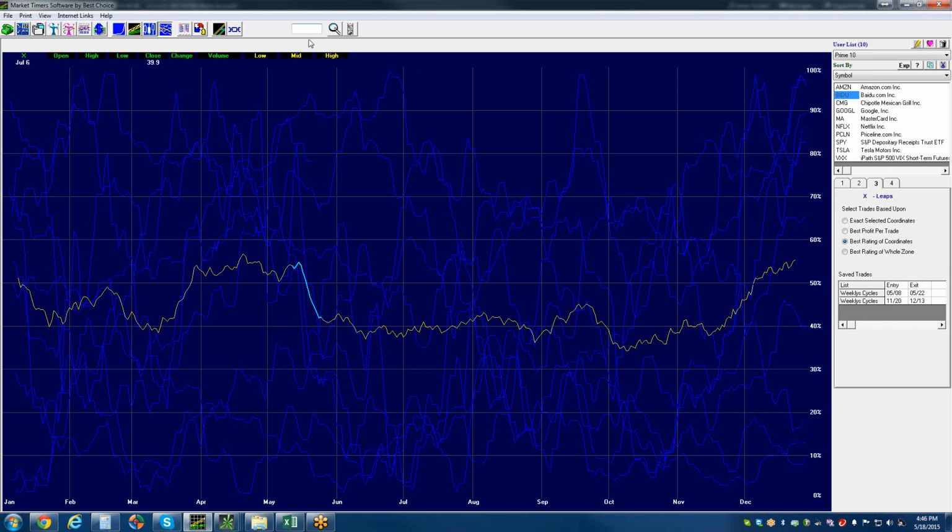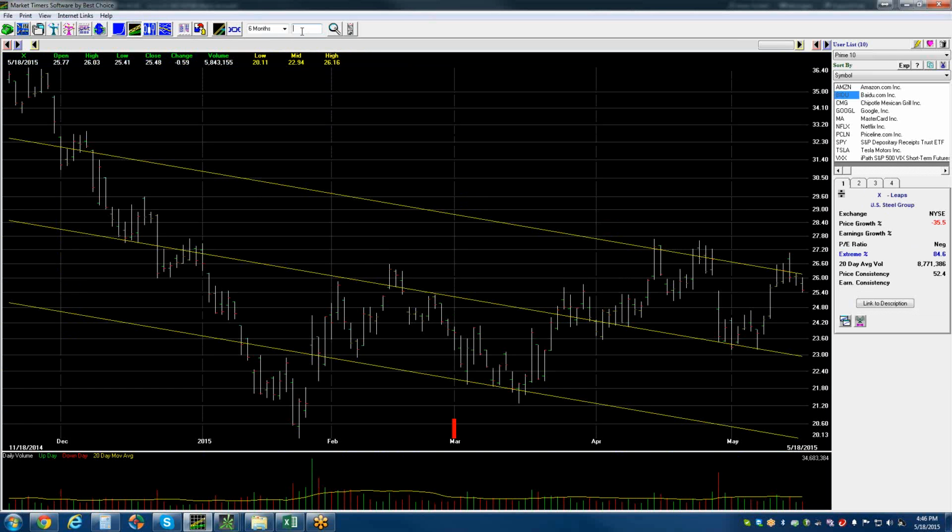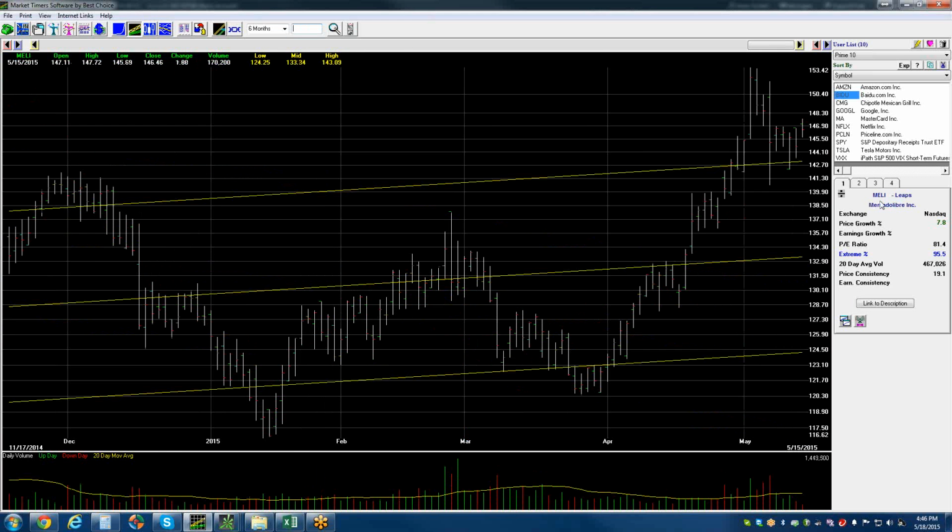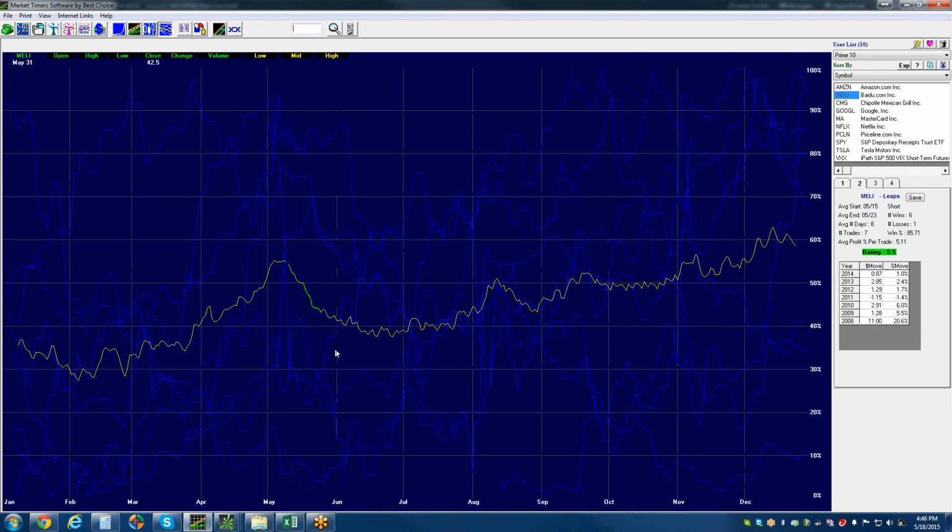Meli, M-E-L-I, Mercado Libre Inc. Way overbought, right? 95.5% of its extreme. Seasonal, strong short probability, 6 out of 7 years with a strong rating, 5.5, 85.71% probability.